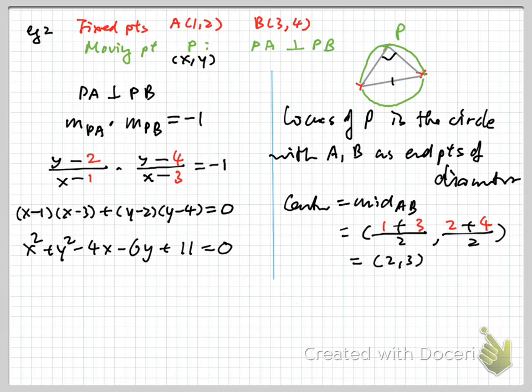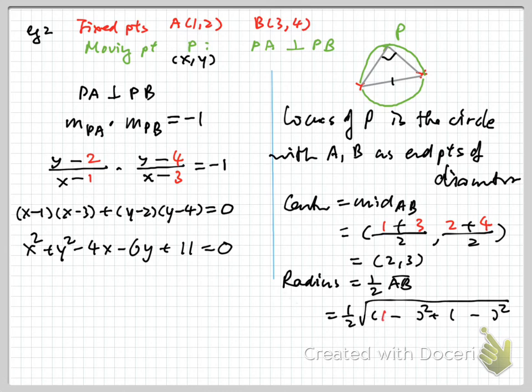And the radius will be half of the length of AB. So the length of AB will be the square root of 4 plus 4, square root 8, divided by 2 is square root 2.